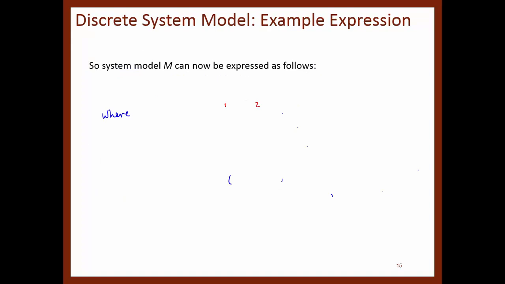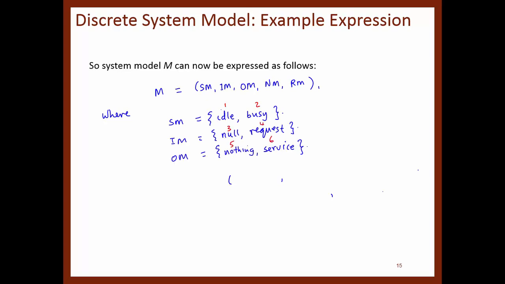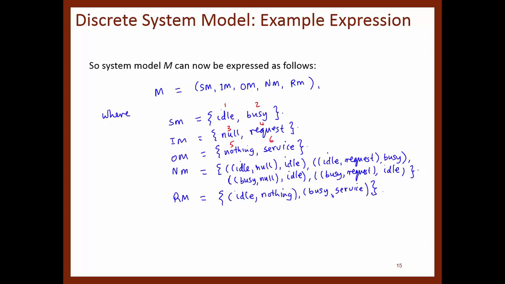So system model M can now be expressed as follows. Here's the translation. The states are idle and busy, so 1 and 2. The inputs are null and request, 3 and 4. The outputs are nothing and service. The state transition is the following.